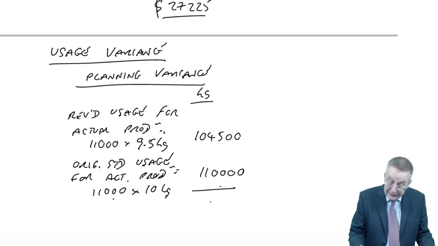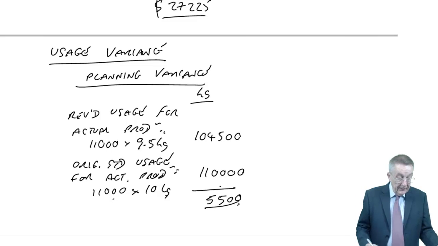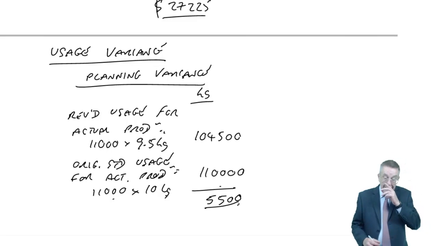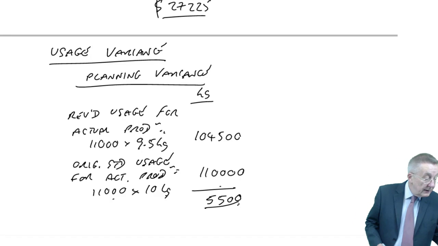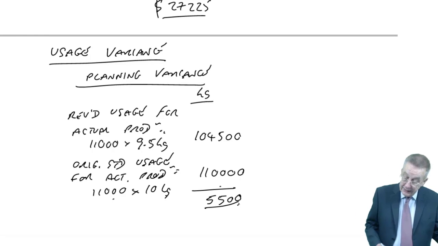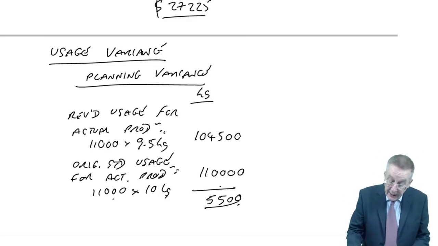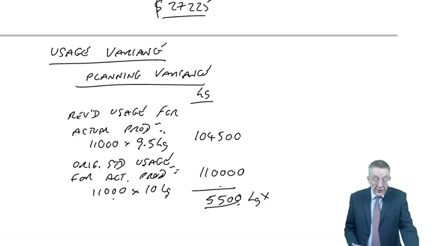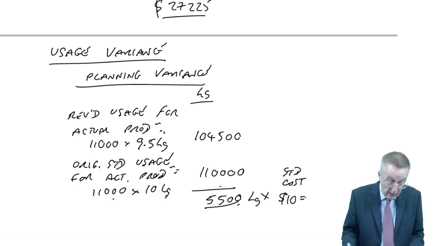And therefore, 5,500. 11,000 at 9.5, 11,000 at 10. Yeah, 5,500. That's kilos, but cost it out at the standard cost of $5. 27,500.